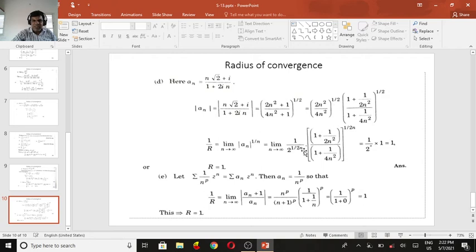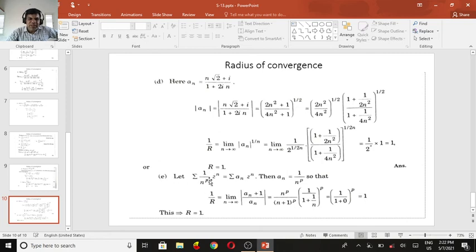If we take the limit as n tends to infinity, 1 by infinity is 0, and 1 by 2 power 0 is 1. So 1 divided by 1 times 1, certainly we get 1. So the limit r is equal to 1.